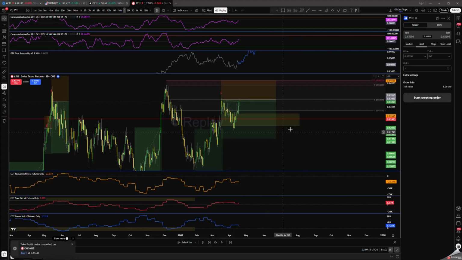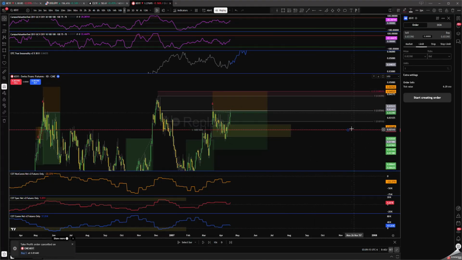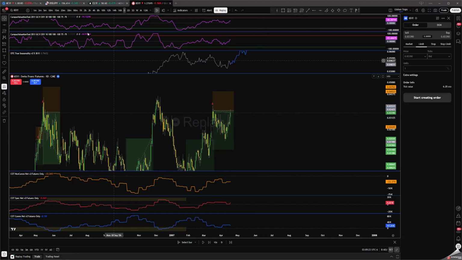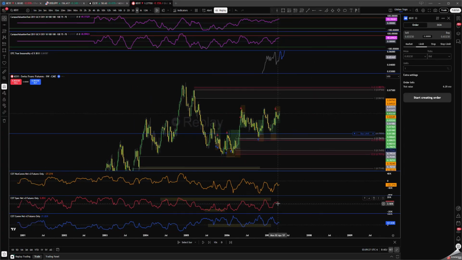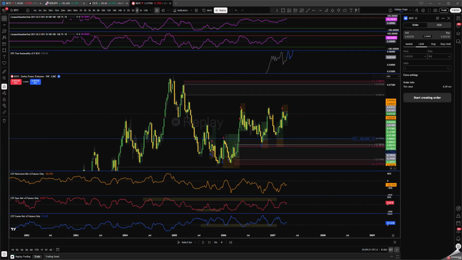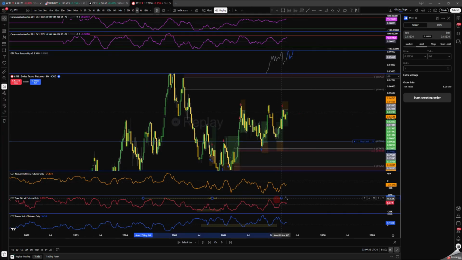Okay, so break-even trade. Now, let me look at retailers. Again, they are very, very close to this bullish area where the price turns.